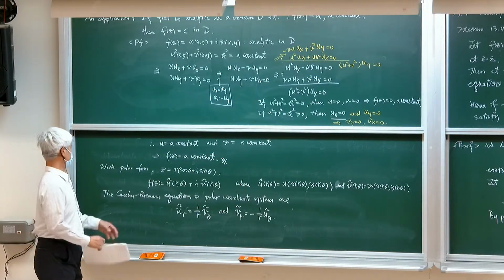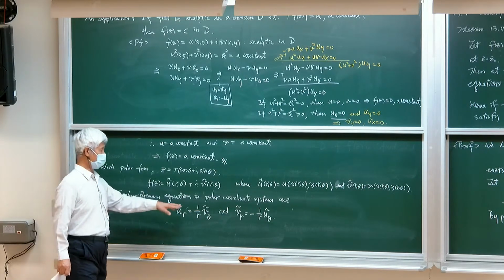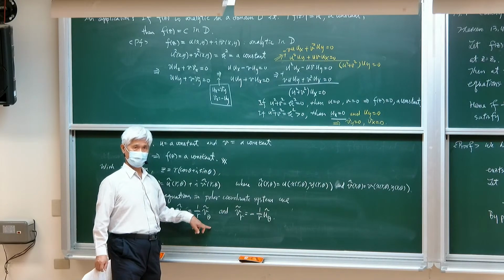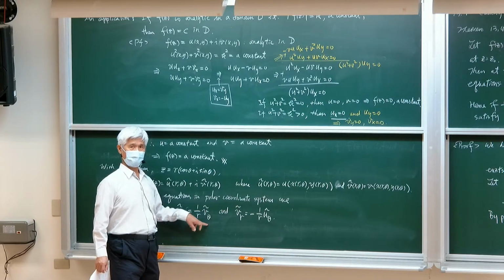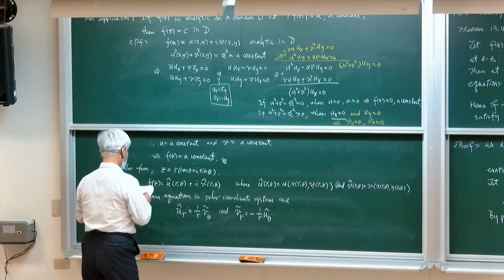So now the Cauchy-Riemann equations in polar coordinate systems become this system here.